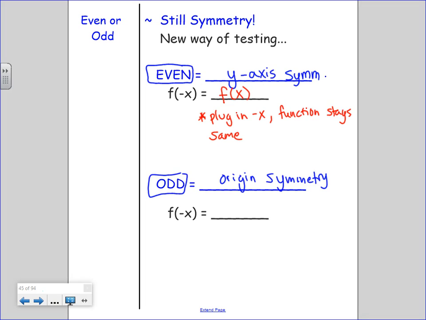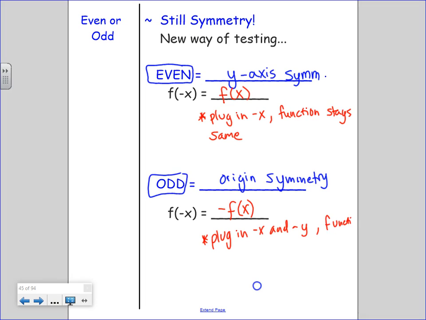And I think technically our other clue was plug in negative x and plug in negative y and test. But another way of looking at it is just plug in negative x and it should be the opposite. Everything is the same, but all the signs are opposite, or the entire function is opposite or negative. You ready to plug in negative x? Yeah, but the other trick is plug in negative x and negative y.